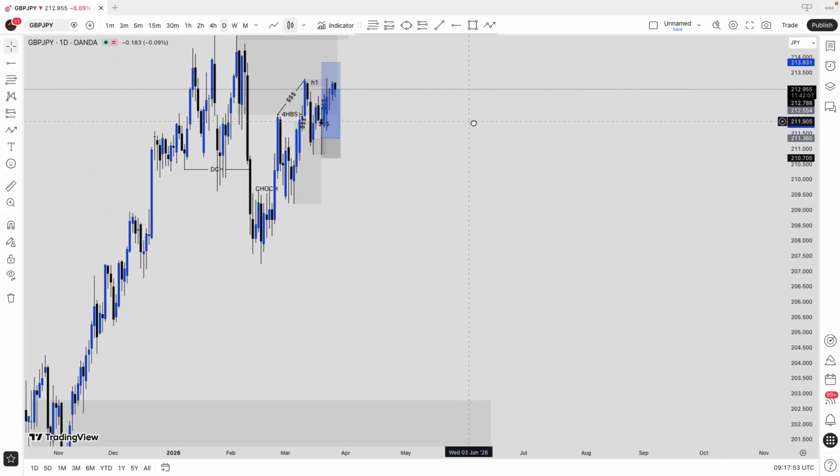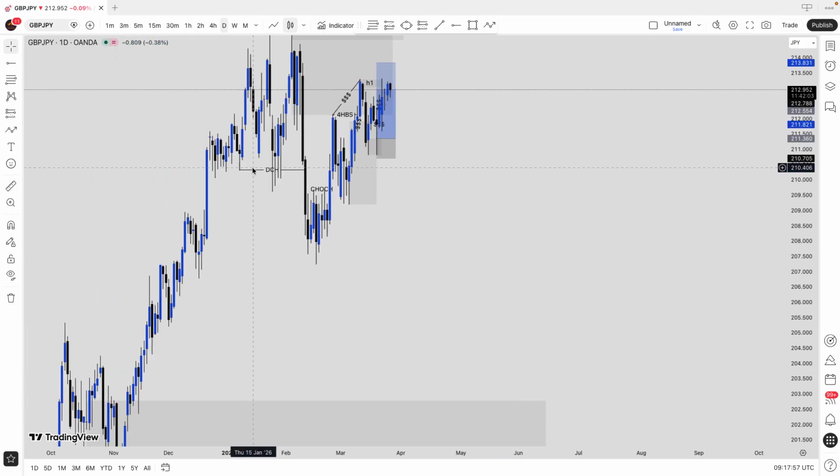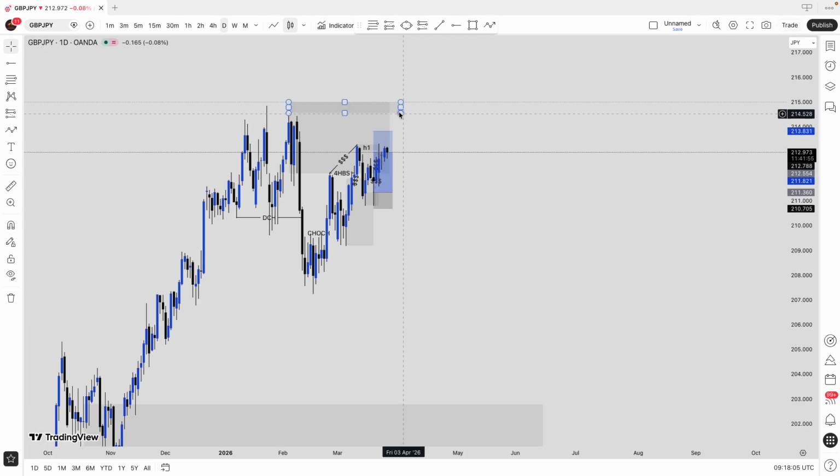So to this point, I identified my daily change of character from this point. So this is a high, low. This is our new high, but considering that these are also high points, being the high that was formed by this low, there is no other candlestick that broke above it.